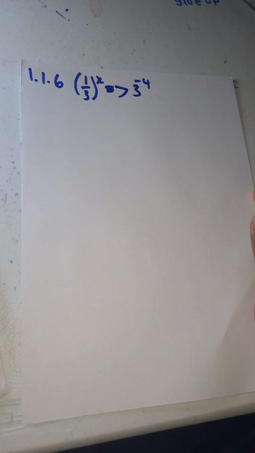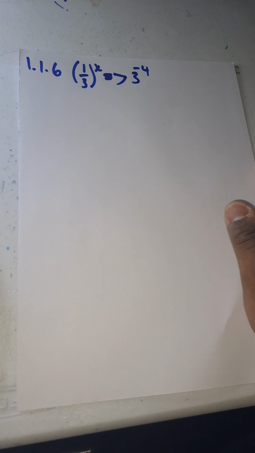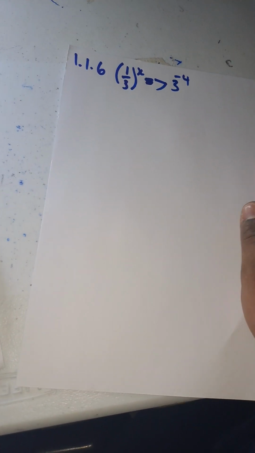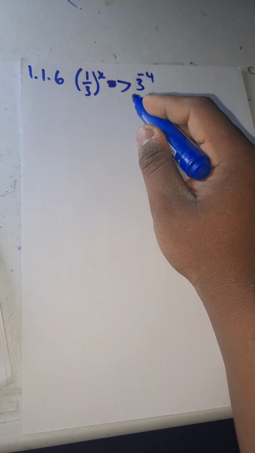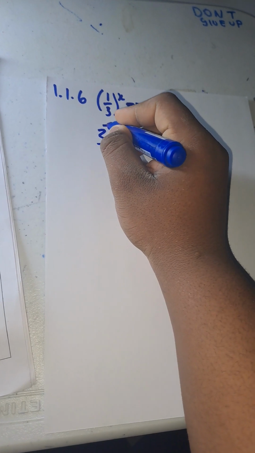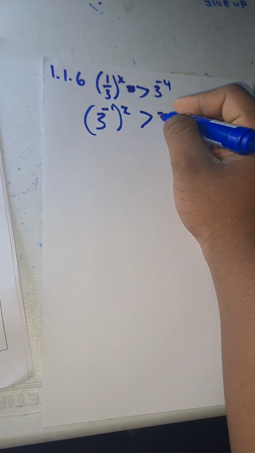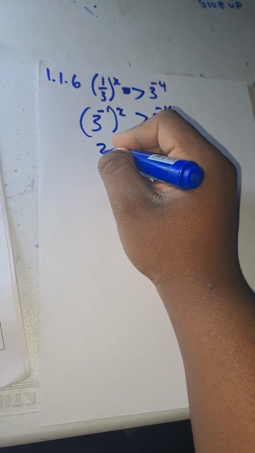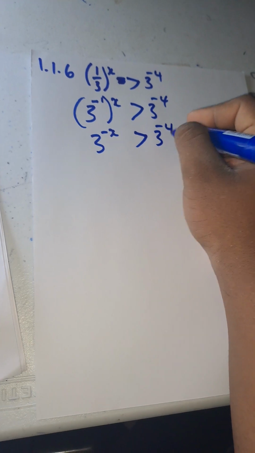So now what I can see here is that 1 over 3 can be changed to this form. It will be 3 to the power of minus 1, times x. So I will have 3 to the power of minus x greater than 3 to the power of minus 4.